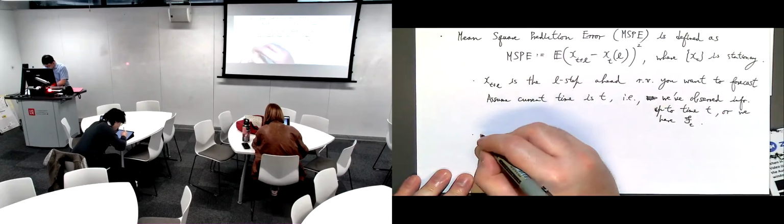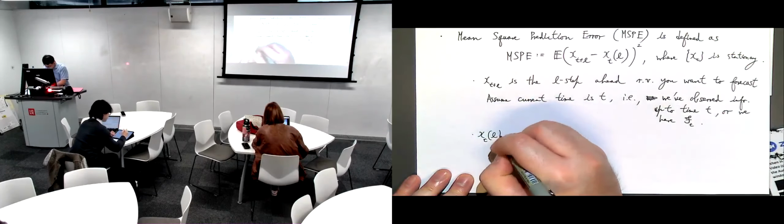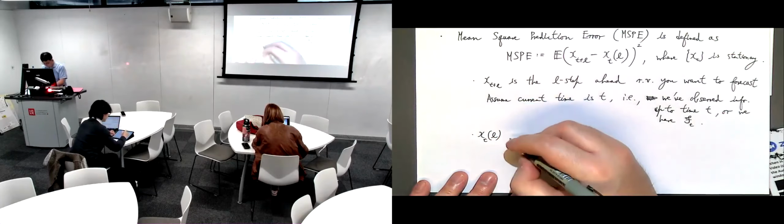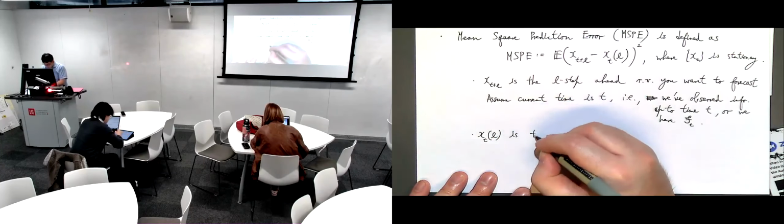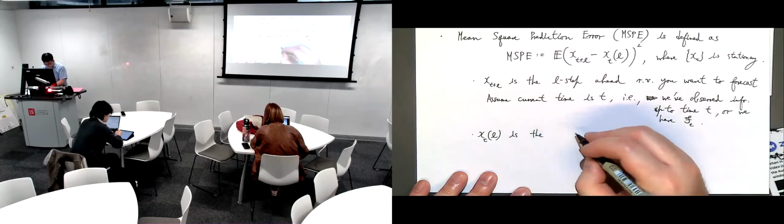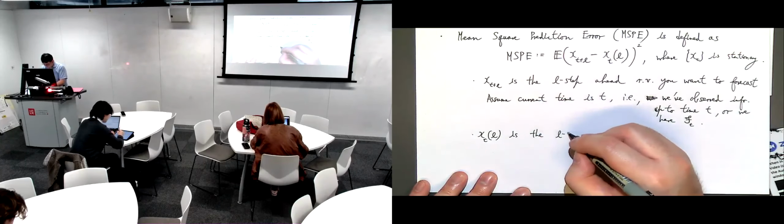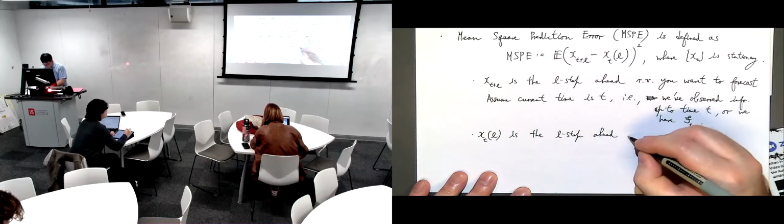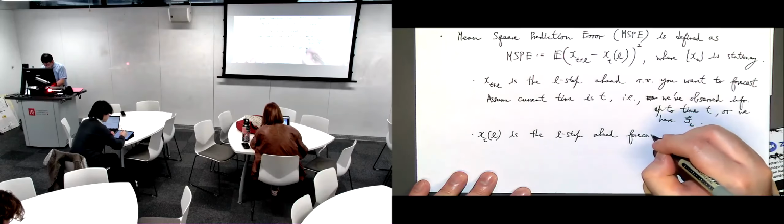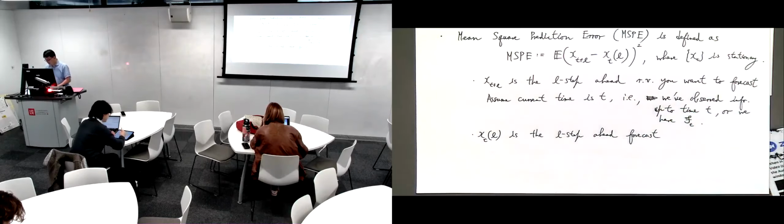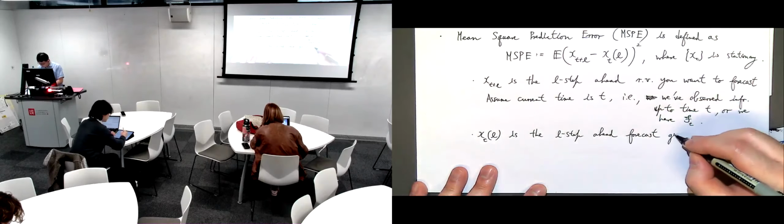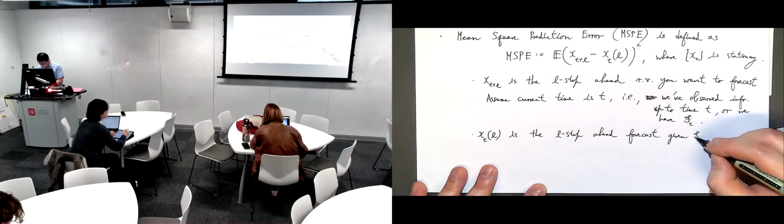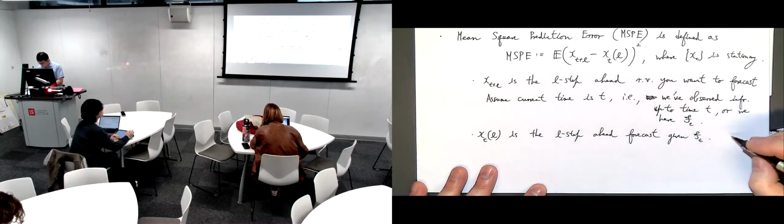Okay, so what is X_t bracket L then? X_t bracket L is the L step ahead forecast, whatever you put in, given your information up to time t.